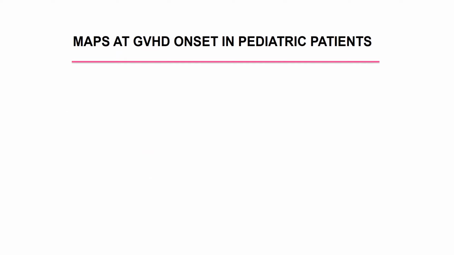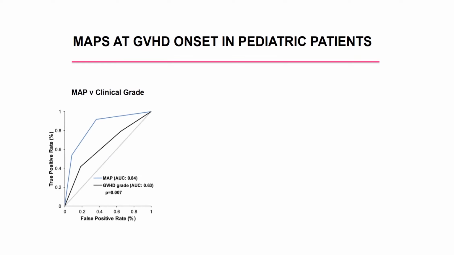I'm just going to show you some data that these results are also true for pediatric patients. So we've now looked at over 100 pediatric patients from the MAGIC consortium. And this is a receiver operating characteristic curve. In black, you have the clinical GVHD, and in blue, you have the MAP.